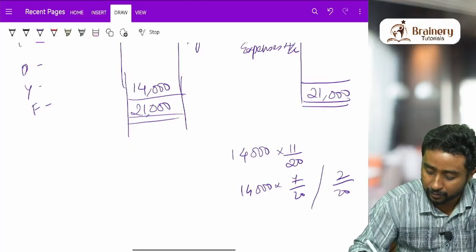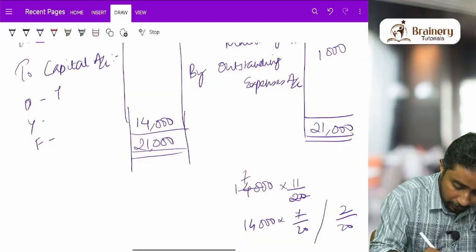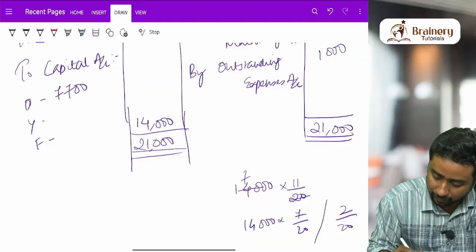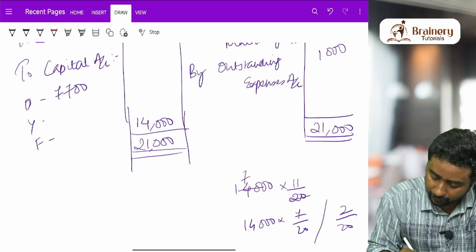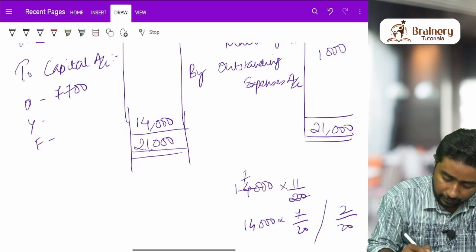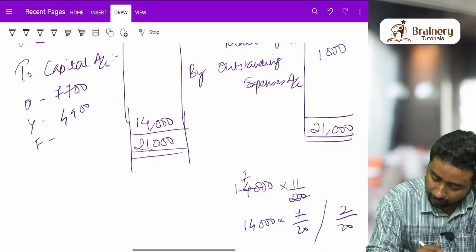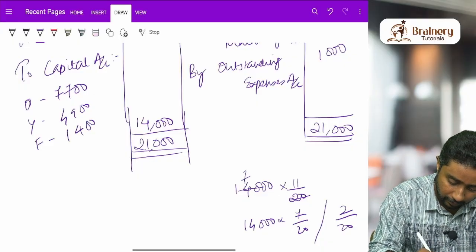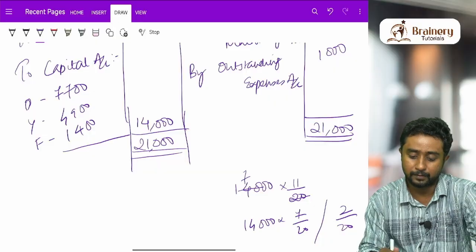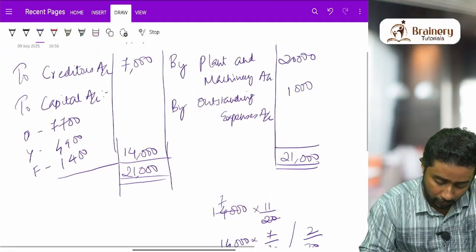So how to calculate? The first person will get 7,700. The second person will get 4,900, and the third person will be getting 1,400. Totally 14,000 will come. Hope that is okay for you.